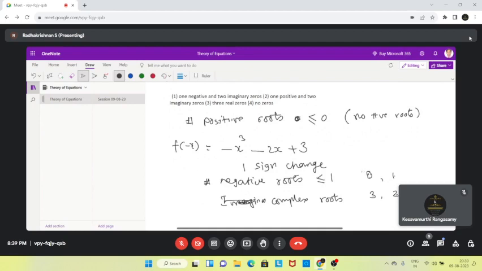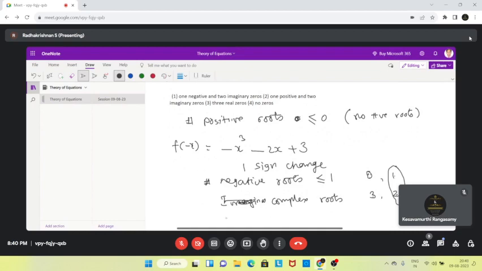Out of these two, which combination is feasible? 1, 2, sir. Yes. Why? This is possible. Is 0, 3 possible? It is not possible, because complex roots will always appear in pairs.